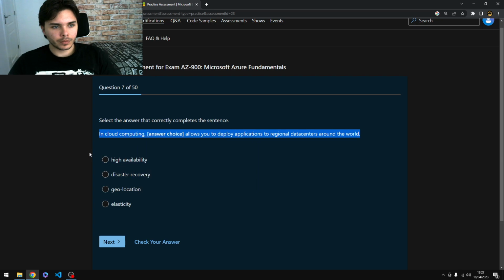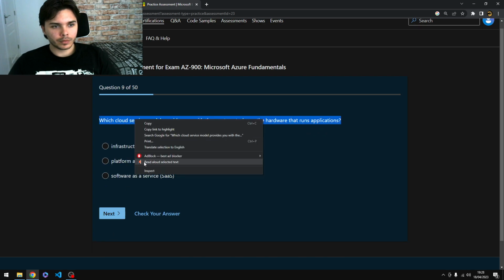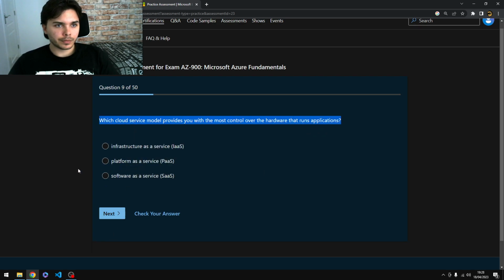In cloud computing, answer choice allows you to deploy applications to regional data centers around the world. Increasing the capacity of an application by adding additional virtual machines is called answer choice. Which cloud service model provides you with the most control over the hardware that runs applications?